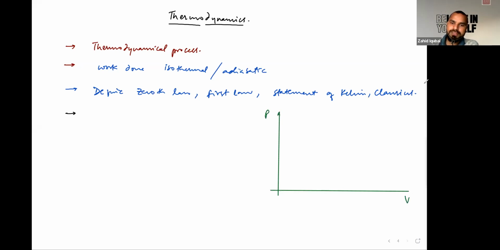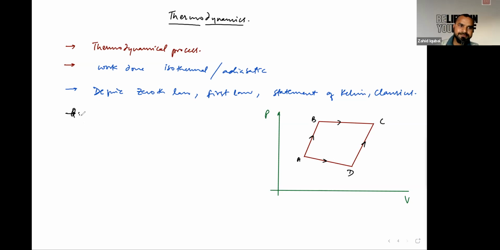This is pressure versus volume. A, B, C, D. Like this.